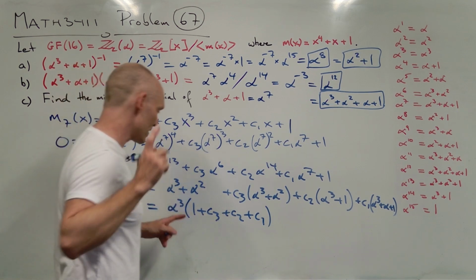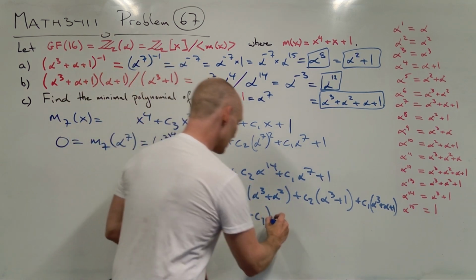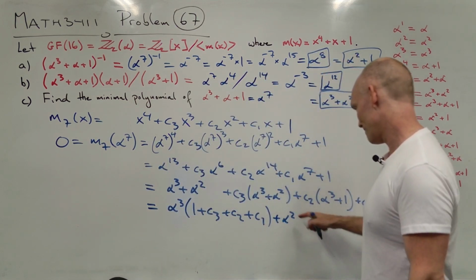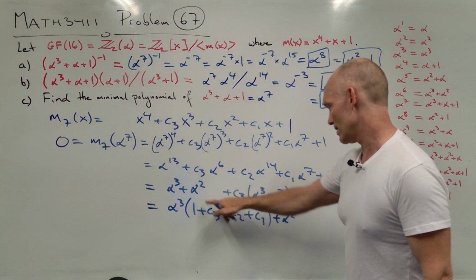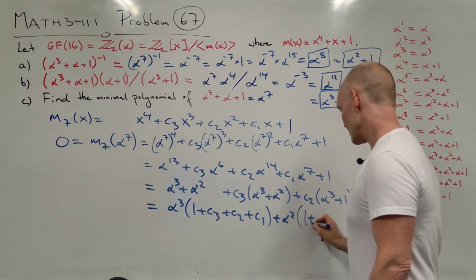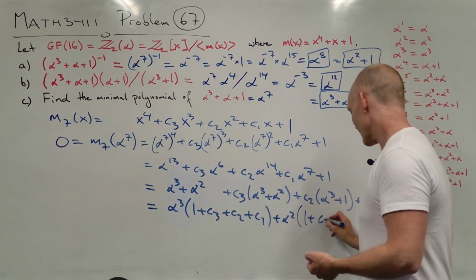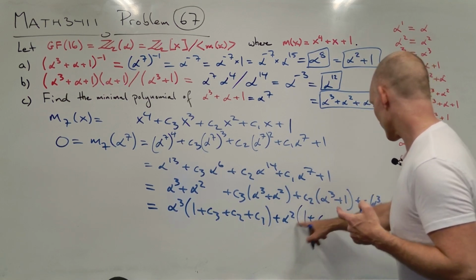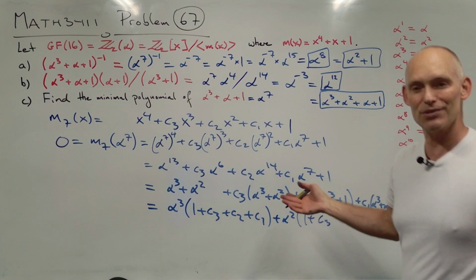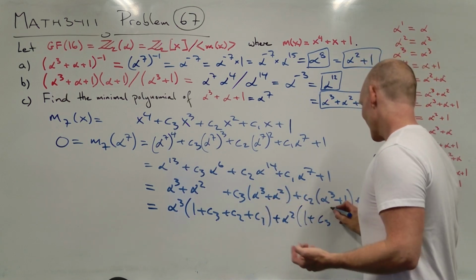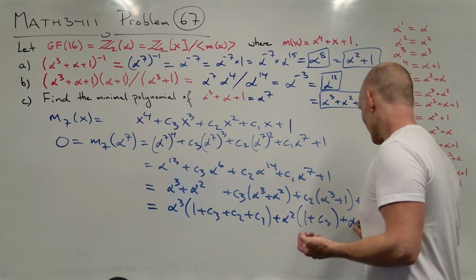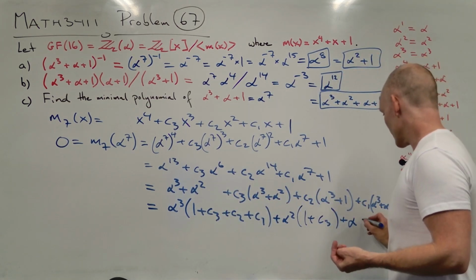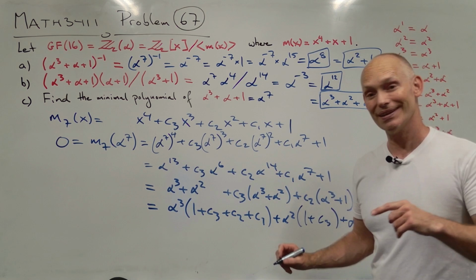So all of this stuff here has to be 0 if we want the alpha cubed terms to somehow cancel out. Next, we've got the alpha squared terms, alpha squared times, well, I suppose 1 plus C3. And we've got plus, so this is alpha squared. That was apparently just it. Okay, cool. And then we've got the alpha terms. We've got an alpha there, plus C1. Okay, that's cool.